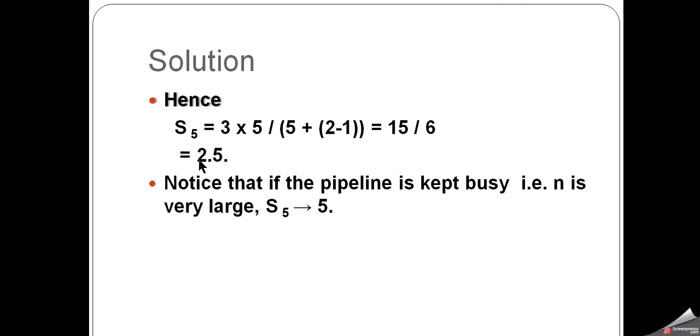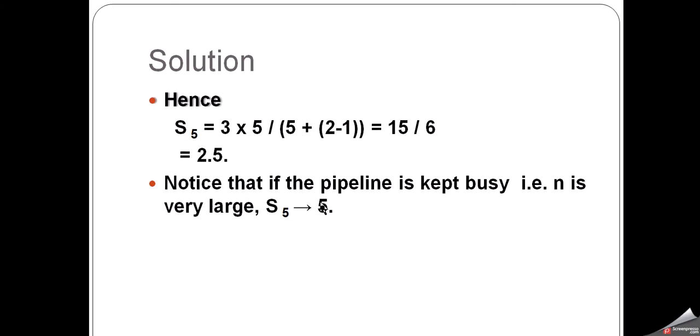And it's going to be around about this figure. I mean, if I was operating with 5 stages rather than 5 operations instead of 6, as I've just actually set out, I'd get a speed up of 2.5 times. And in that case, if the pipeline is kept busy and n is very large, then the potential speed up of a 5-stage pipeline is 5.